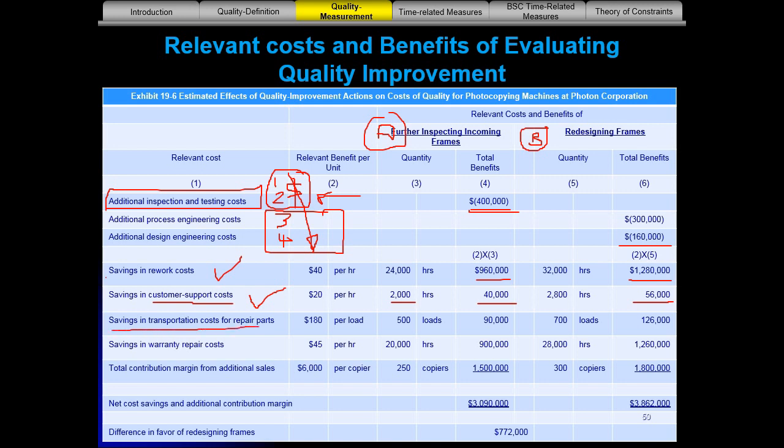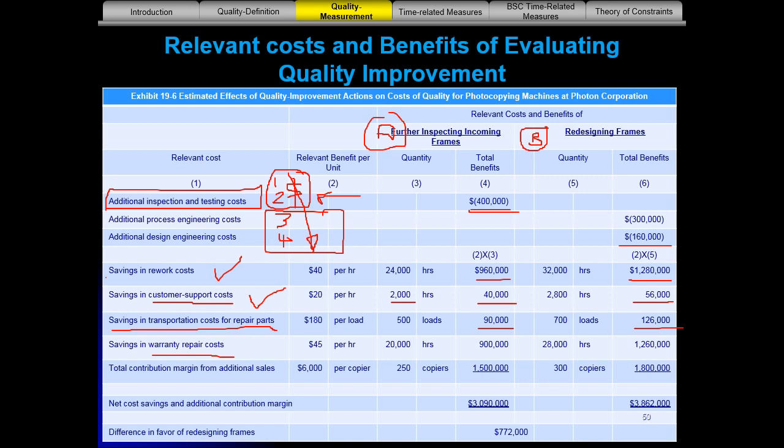There are savings in transportation costs for repairs of parts. You no longer have to transport parts to where the photocopiers are for repair on site, where the customers have purchased their photocopier and located their photocopier. So here we're saving $90,000, and here we're saving $126,000. We're saving in warranty repair costs, and these are claims that customers put through that you have to pay for because they're in the warranty period.